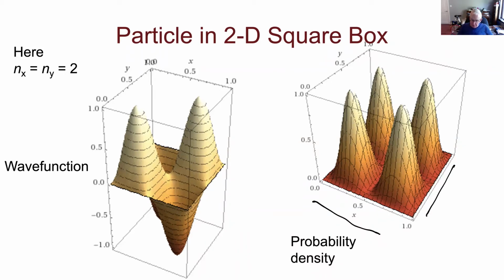So if I look along there and just look at the side view, I'd see something that looks more or less like this, which is similar to what I got for my one-dimensional case, right? Over here, if I look at this from the side, I've got a sine wave on this one and a sine wave over here, right? And so I've got the same sorts of things going on.